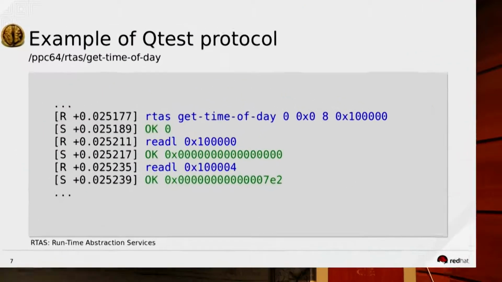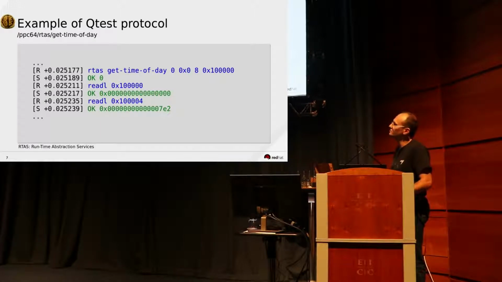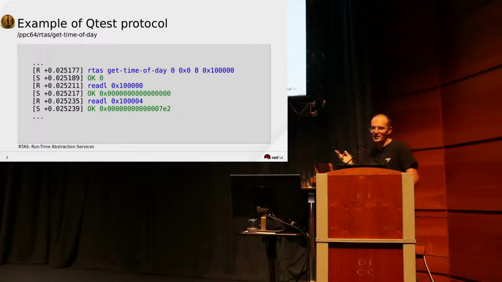I have just an example of the Qtest protocol. The Qtest protocol is a human-readable protocol. It is sent through the socket as is. In blue, you have the command, and in green, you have the answer from the machine. This example is a hypercall.